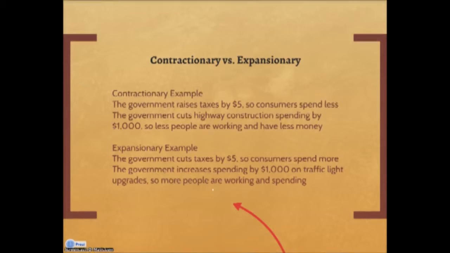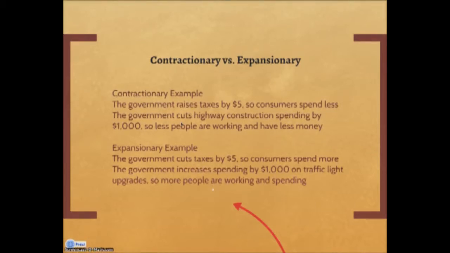First example, contractionary fiscal policy. The government can either raise taxes to implement contractionary fiscal policy, or they can cut spending. Now, just to understand this a little bit more, let's think.